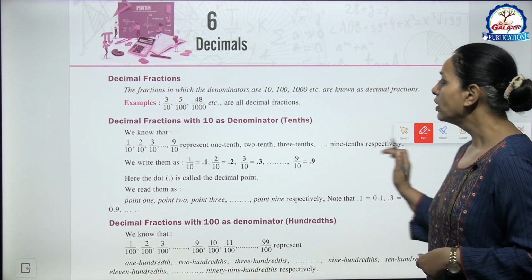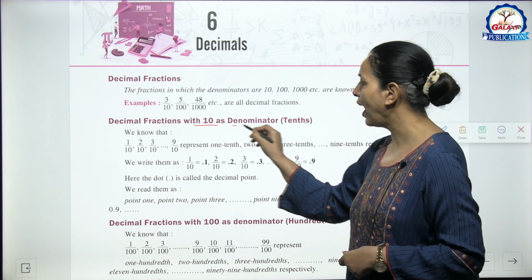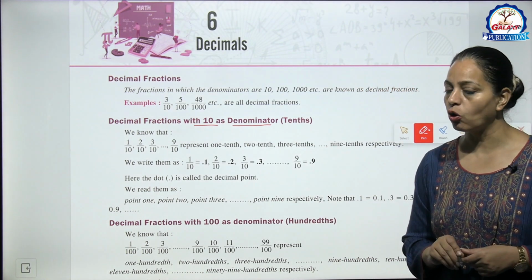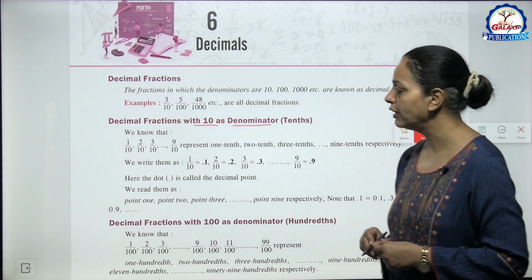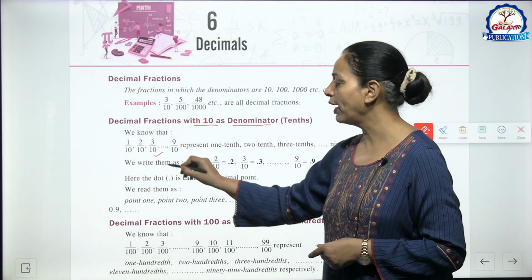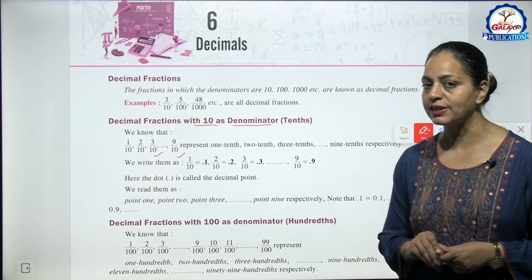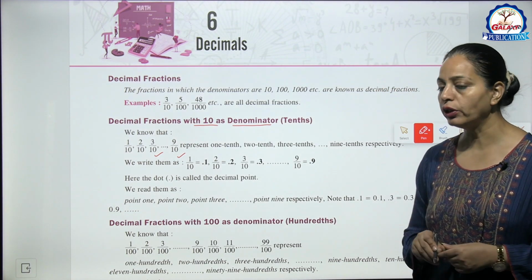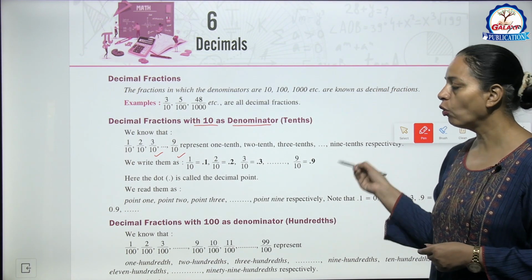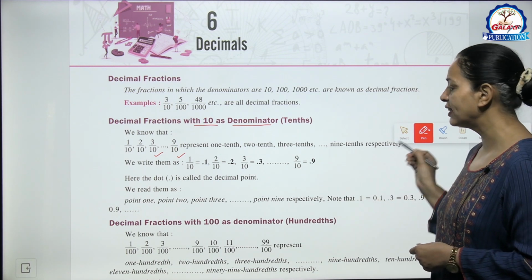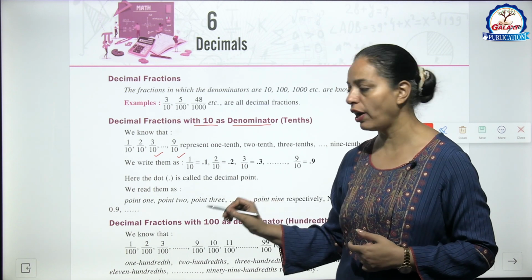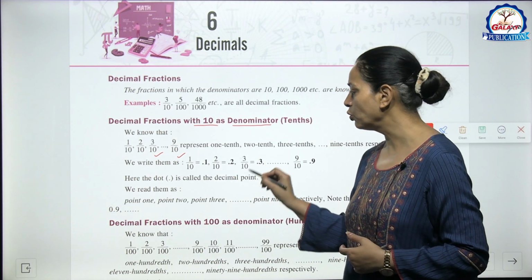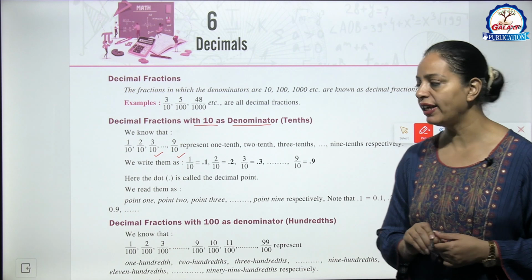Okay, now decimal fraction with 10 as denominator, which we will call tenths. We know that 1 by 10, 2 by 10, 3 by 10, 9 by 10 represent 1 tenth, 2 tenths, 3 tenths, 4 tenths, 9 tenths, etc. We write them as 1 by 10 means 0.1, 2 by 10 is 0.2, 3 by 10 is 0.3, like this.